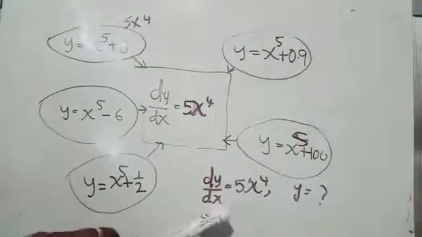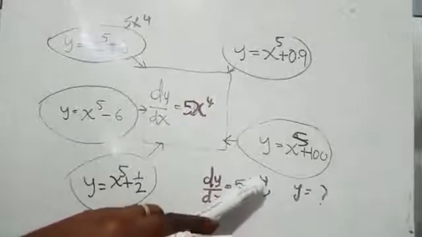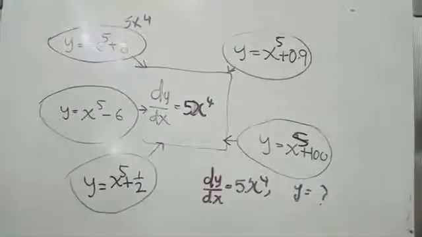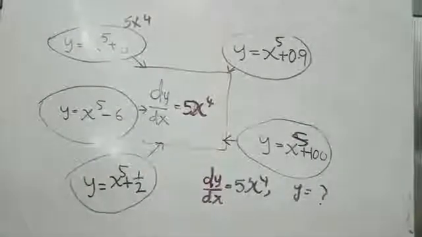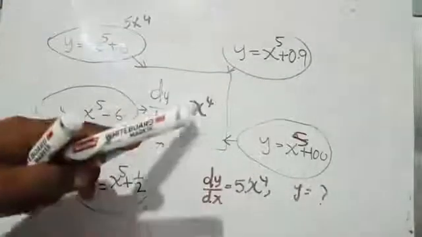Now this is a new process. They have given dy by dx is 5x raised to 4 and your required answer is y. Which y will you take here? Is it this or this? Because all of these give us dy by dx.